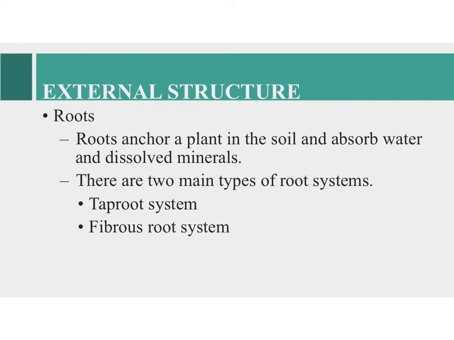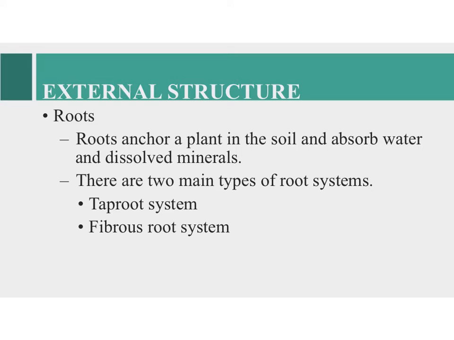If you look at the book on page 167, you see a taproot and you see a fibrous root. A taproot system has only one or just a few main roots, and they're pretty thick and long.